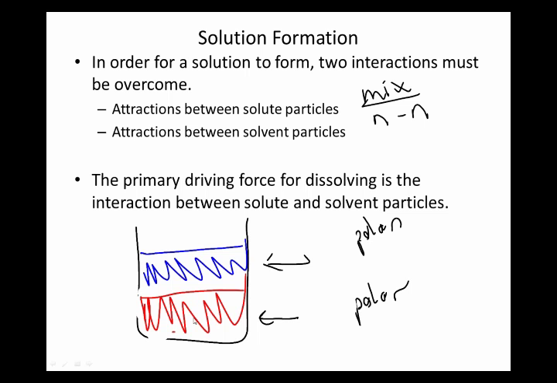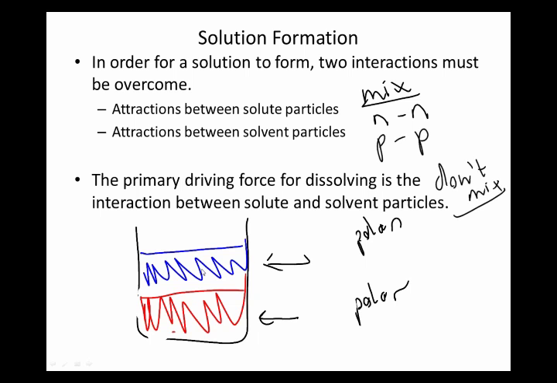You have to pull this substance apart, and it's really hard. However, because they're both polar, they're going to interact really well. There's going to be a lot of dipole-dipole interaction. So though it takes a lot of energy to yank these both apart, the interaction is going to be very good because they both have these dipole ends to mix and match. So polar works well. Now let's talk about what doesn't mix.